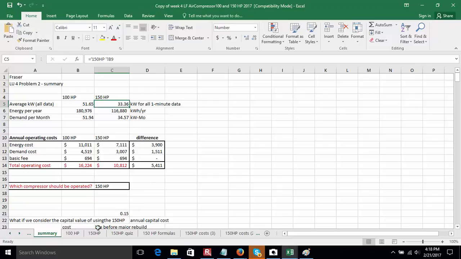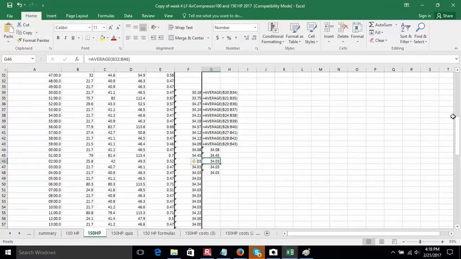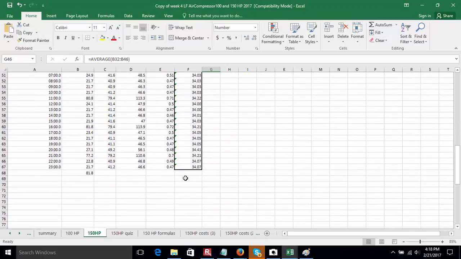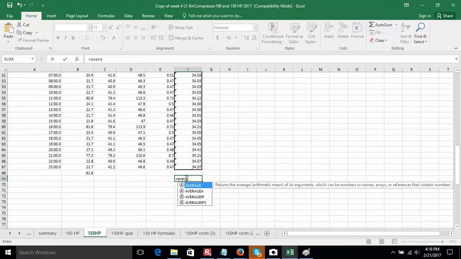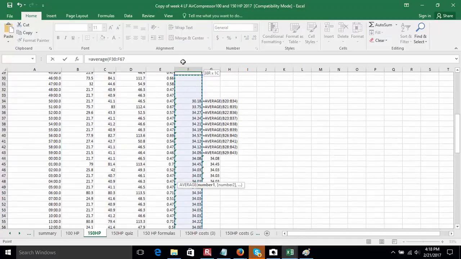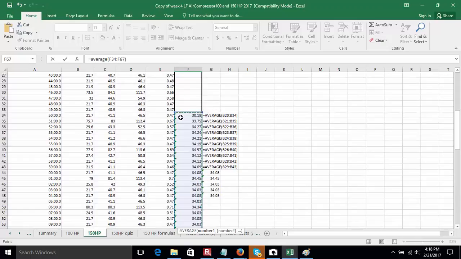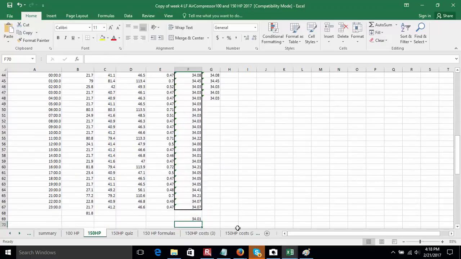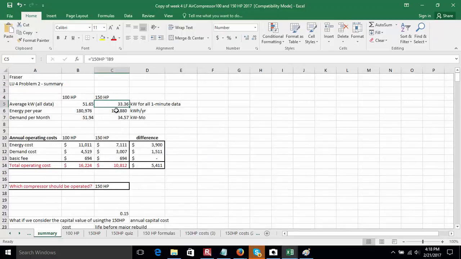You go back to this cell, which equals the average of the averages, 34.1. Well, close enough, right? The point is, it's going to take less horsepower on that 150 because it's just bigger. It's going to be less of the capacity. You're going to pump just as much air, but it'll be less.